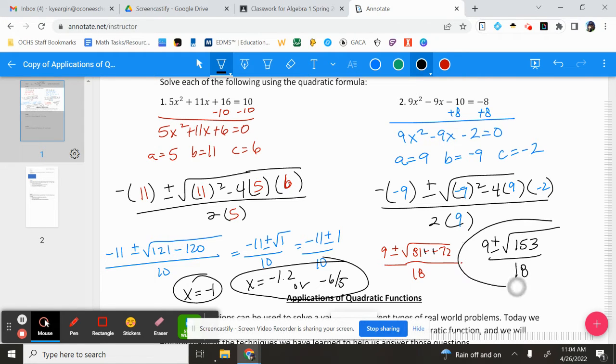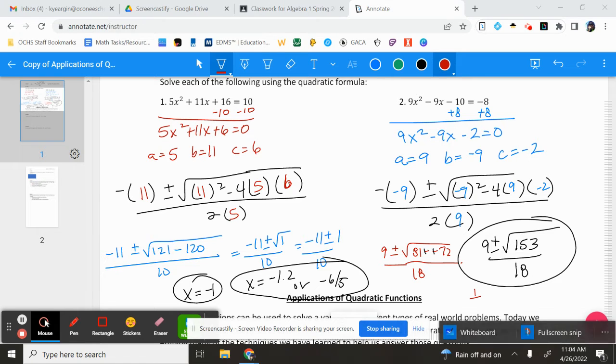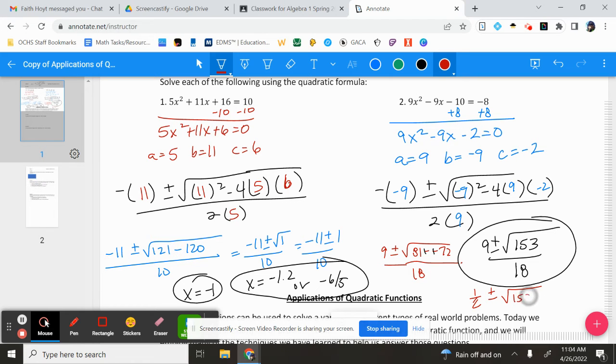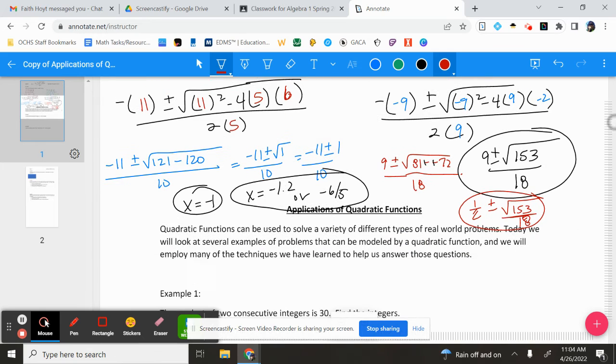And it is fine if you want to leave this like this, or you can simplify to give me 1/2, because 9 divided by 18 is 1/2, plus or minus the square root of 153 divided by 18. Either one of those two answers is acceptable.